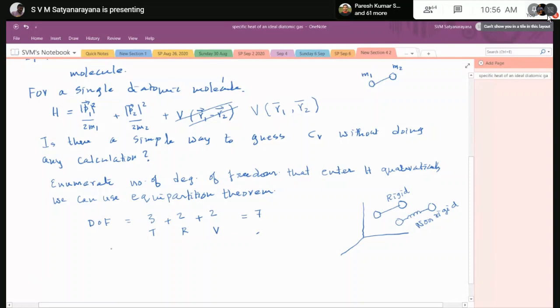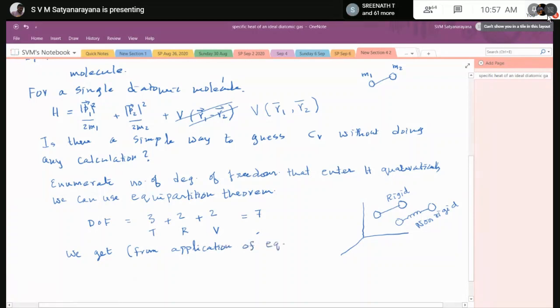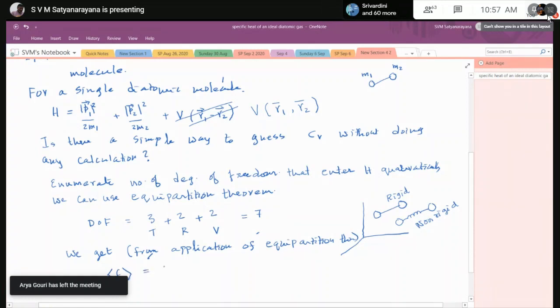So by a blind application of the equipartition theorem, we get the average energy to be 7 into half kT. Correct?